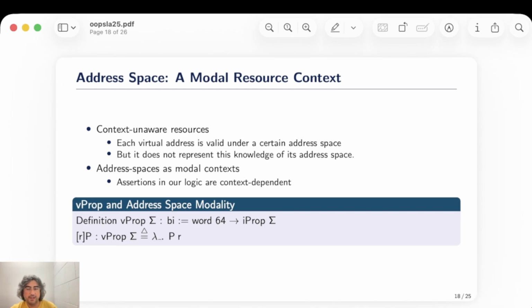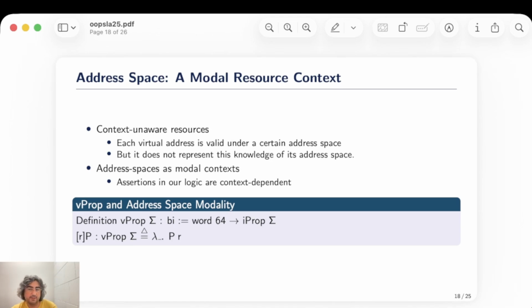So we reflect this fact in our assertions by lifting the relevant propositions, which we call VPROPs, with the unique identifying root address of the address space, and then we relate the address space with its virtual pointer relations in a modality called the address space modality.